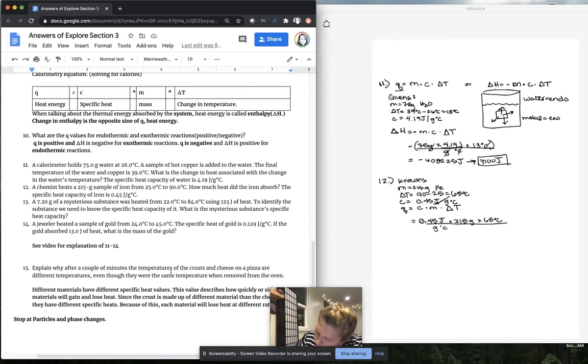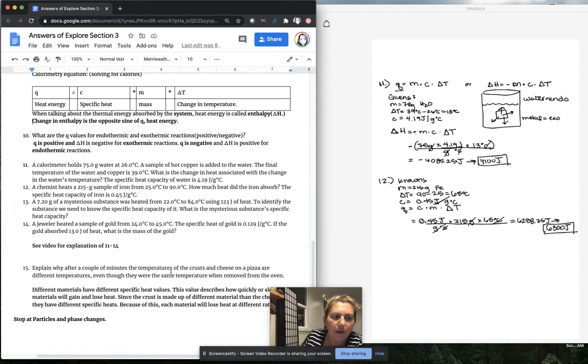Extend out my fraction line, and I can see that my grams are going to cancel, my degrees Celsius are going to cancel, and I'm left with joules. After I plug this into my calculator, I get 6,288.75 joules, which that's going to round to 6,300 joules.